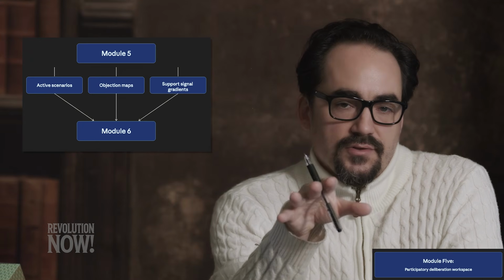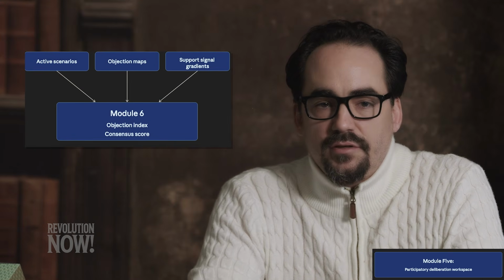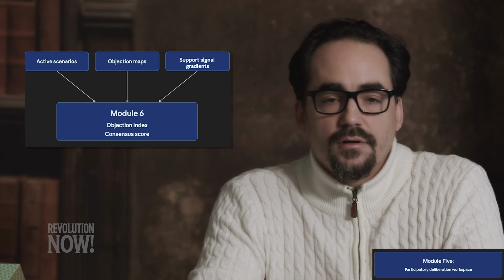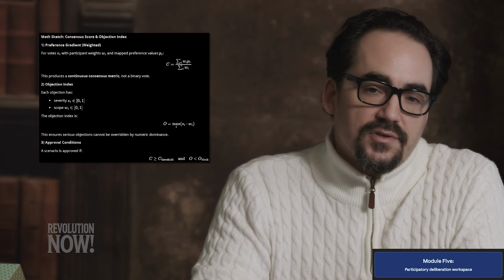These 3 elements allow Module 6 to literally calculate 2 things for each scenario: a consensus score and an objection index. It then uses those 2 results together to determine whether a scenario should be approved, revised, or in fact escalated to Module 9 for more human intervention, if you will. And I'm going to go through each of these elements in detail in a second.